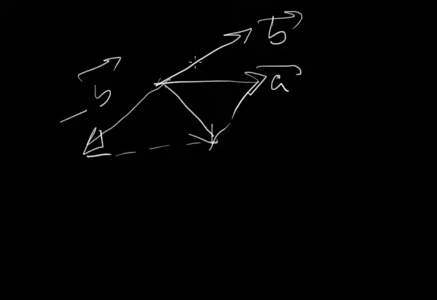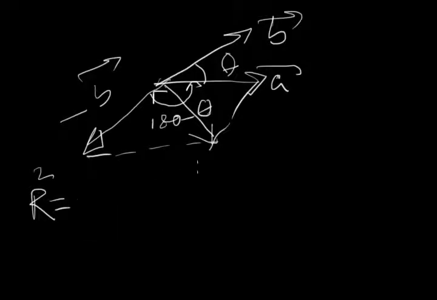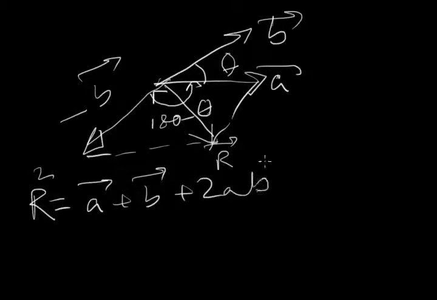This angle, which was the angle between the two vectors, is theta. Now the vectors have this angle between them, which is 180 minus theta. So when I put it as a law, R square is equal to, R meaning this resultant, a square plus b square plus 2ab cos 180 minus theta.